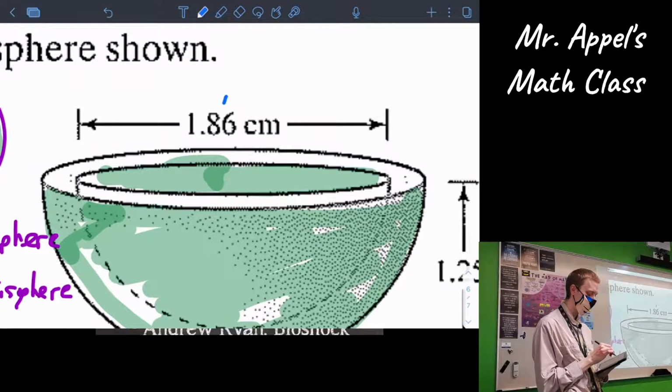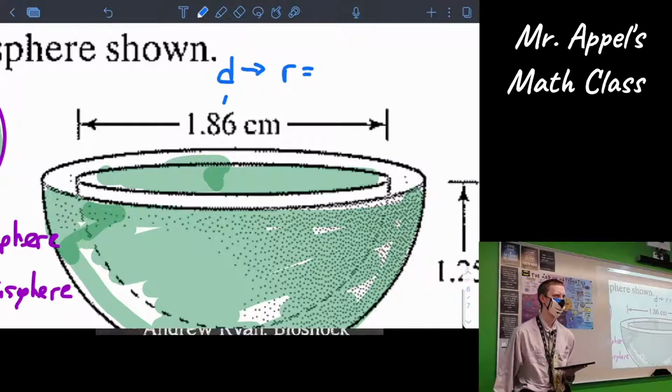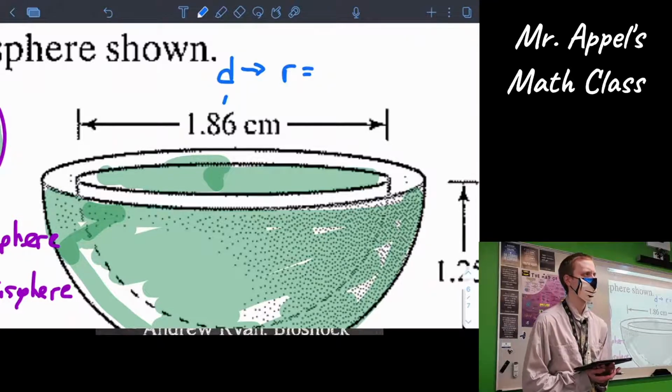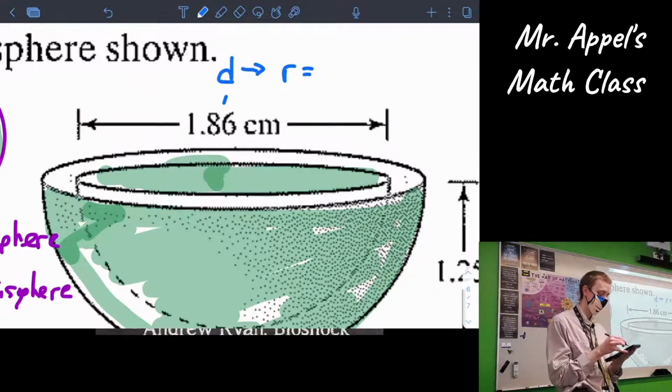If this is the diameter, then the radius must be what? How would we find it? Divide by 2, you've got it.